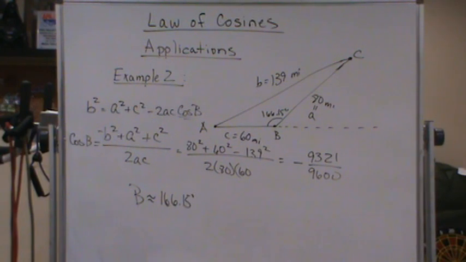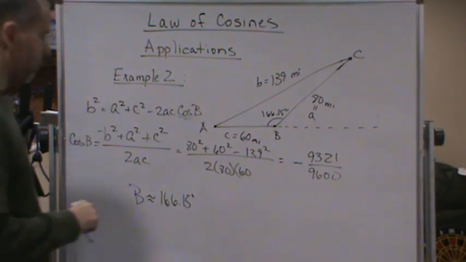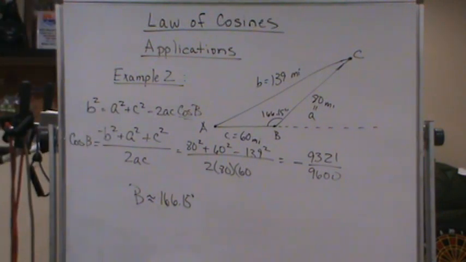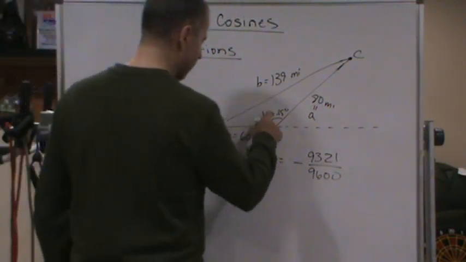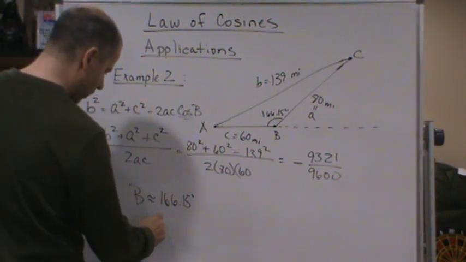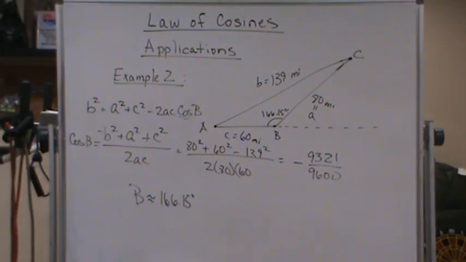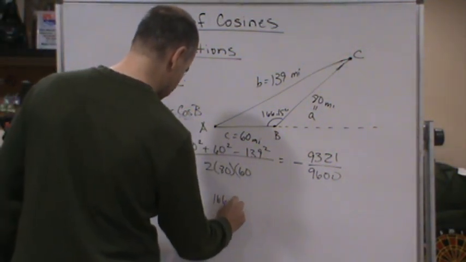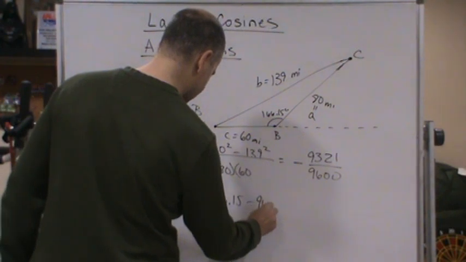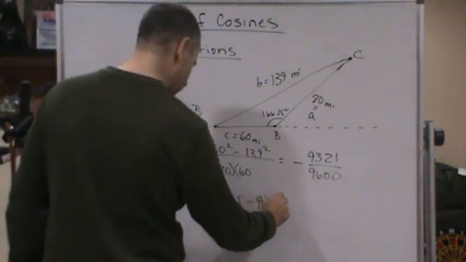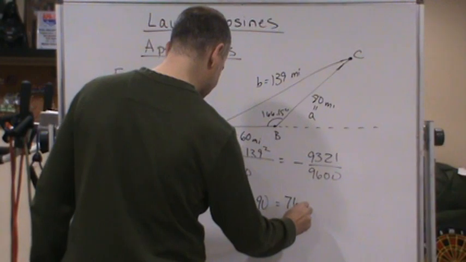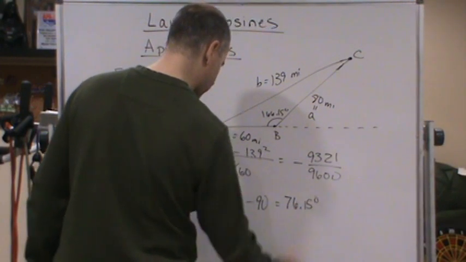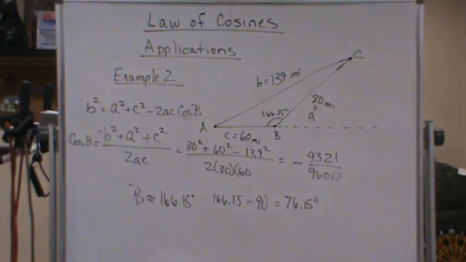Okay, well, first of all, let's subtract 90 from this. Okay, so let's think about this. 166.15 minus 90 is going to equal 76.15 degrees. Okay?